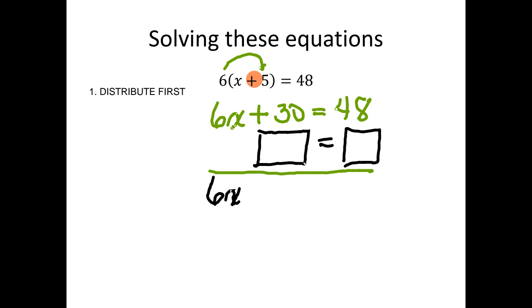This means that I'm going to put a negative 30 here and a negative 30 here. This is going to cancel out, which means I just got 0 behind 6x.